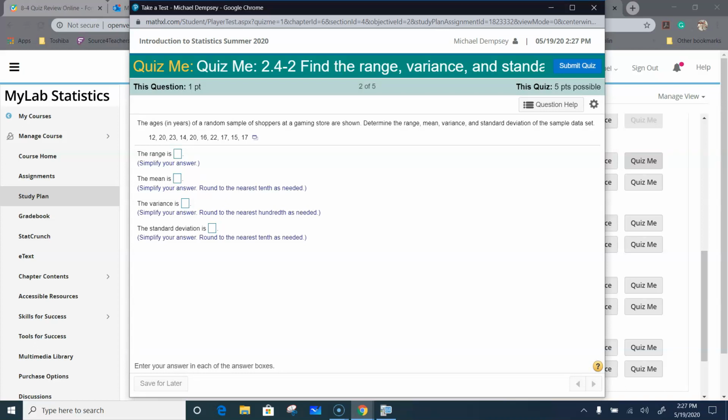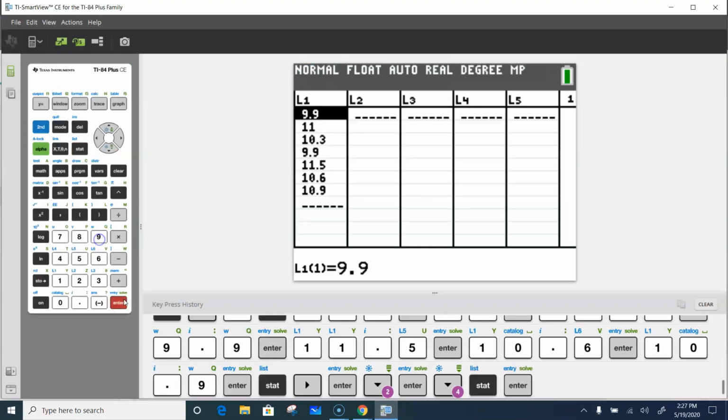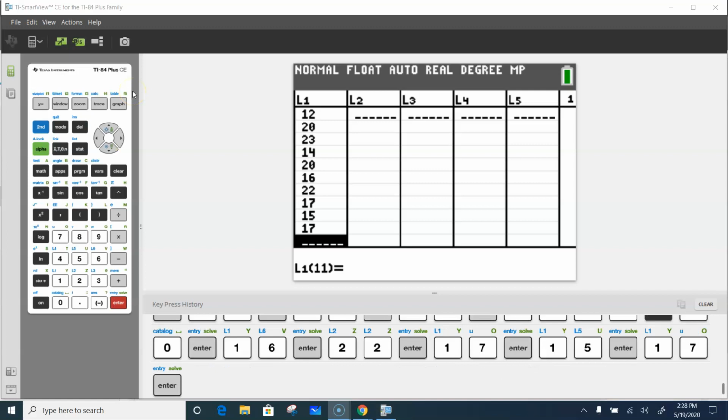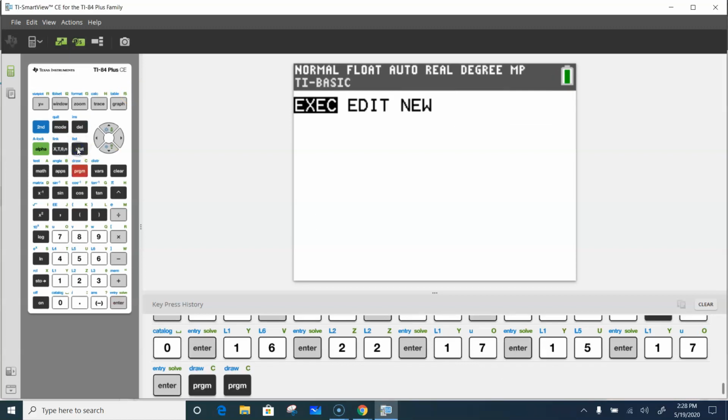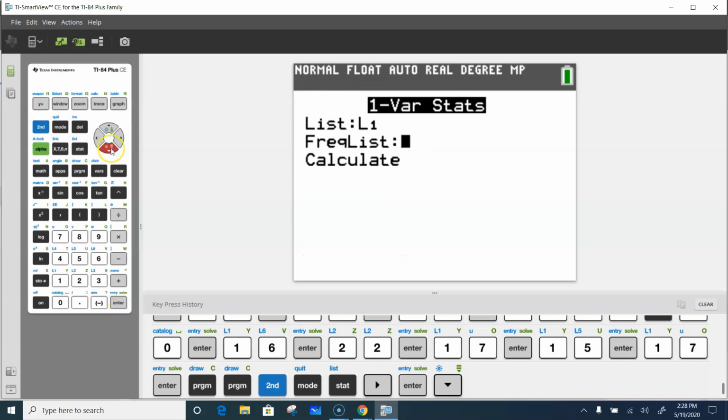Here it might be worth our while to put these in our calculator list again. So again, Stat, Edit, and let's clear this list. Once I get that list into my calculator, I can let my calculator do the work for me. On Stat, Calculate, one-variable stats again.